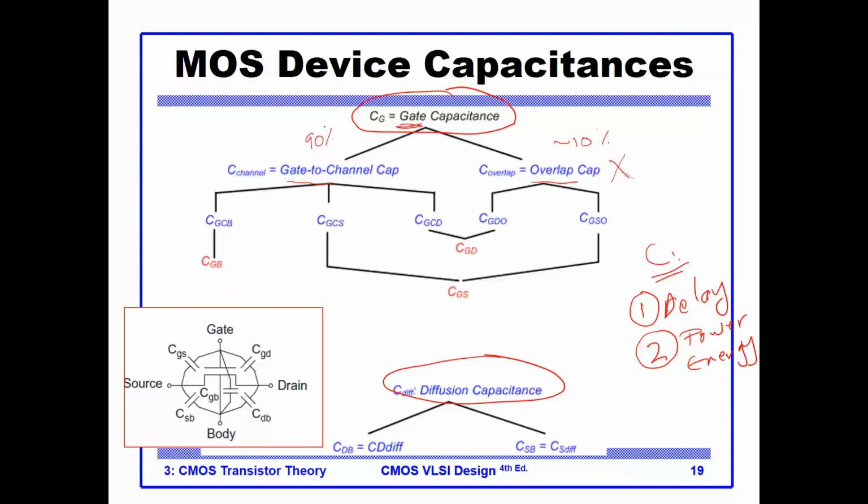The diffusion capacitance, on the other hand, can be at the source side or at the drain side, and we will discuss it later on. So, two main types of capacitance, the gate capacitance and diffusion capacitance. The gate capacitance comes from channel and overlap capacitances.